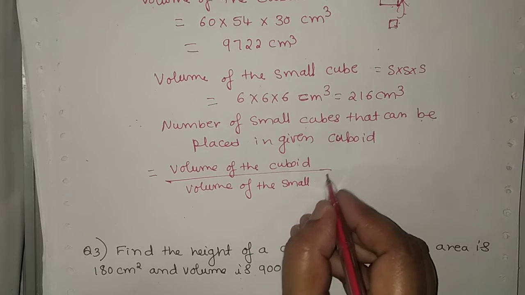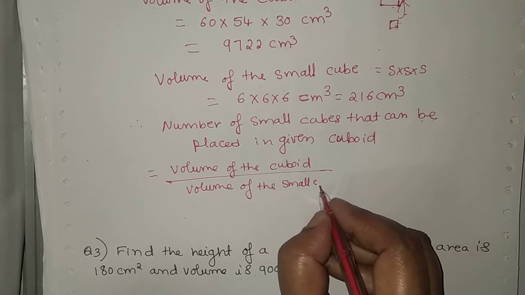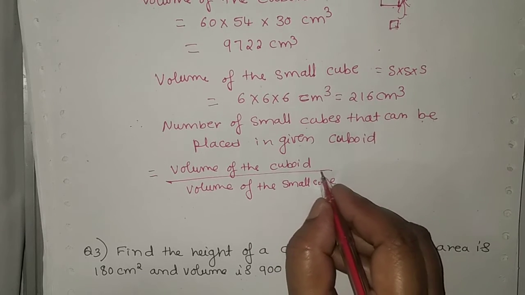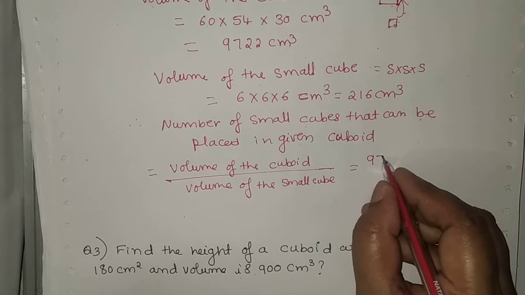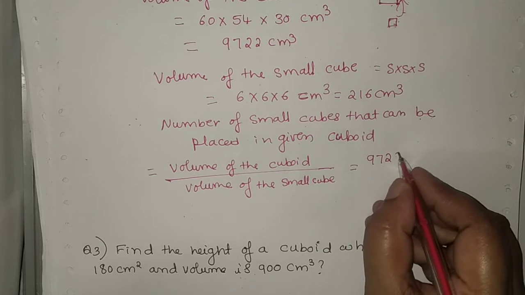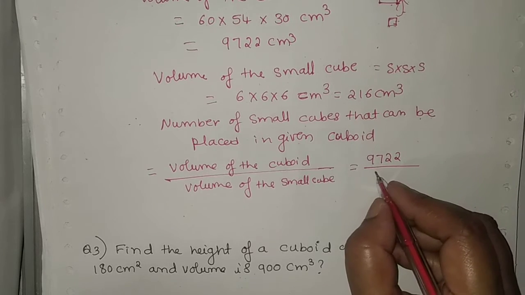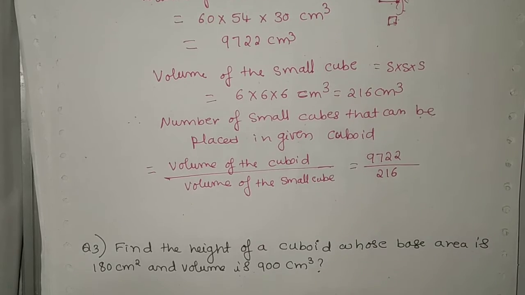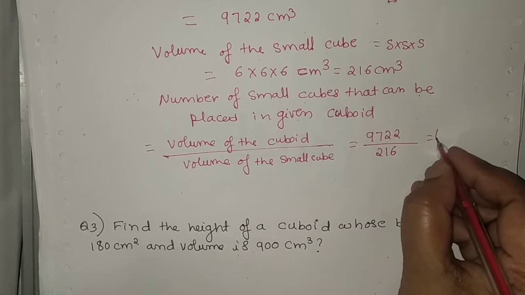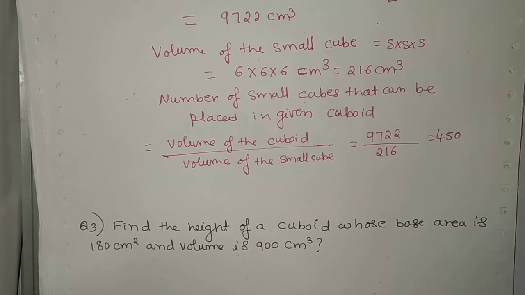First we calculated the volume of the cuboid, then the volume of the small cube. Substituting, the first one is 97,200 and the small cube is 216. Dividing this, we get 450 as the result.